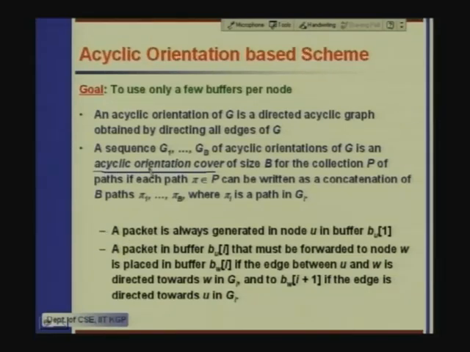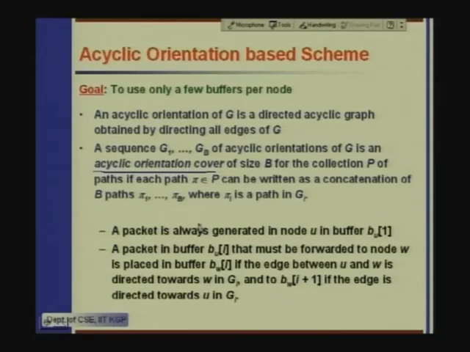So, in general, we have a set of graphs G1 through GB of acyclic orientations of G. We call it an acyclic orientation cover of size B for a collection of paths P, if we can rewrite every path P as a concatenation of B paths, where pi i is a path in Gi.